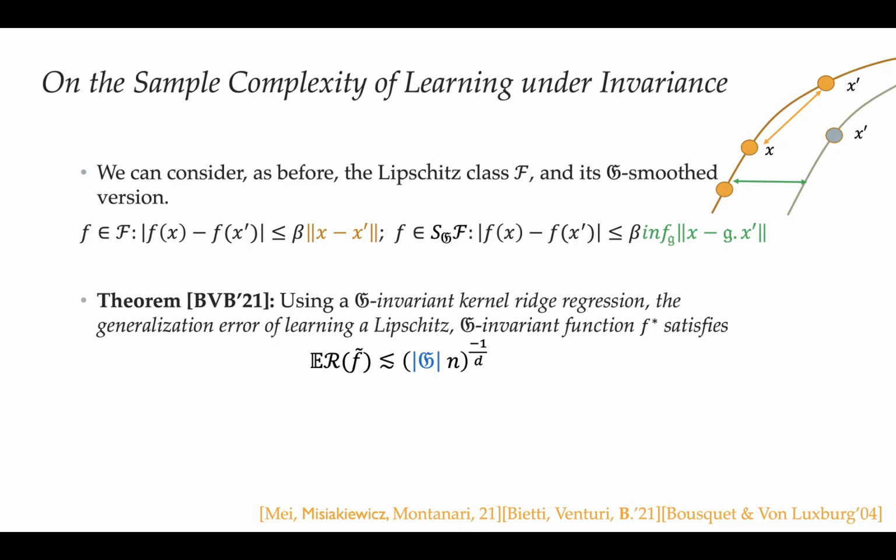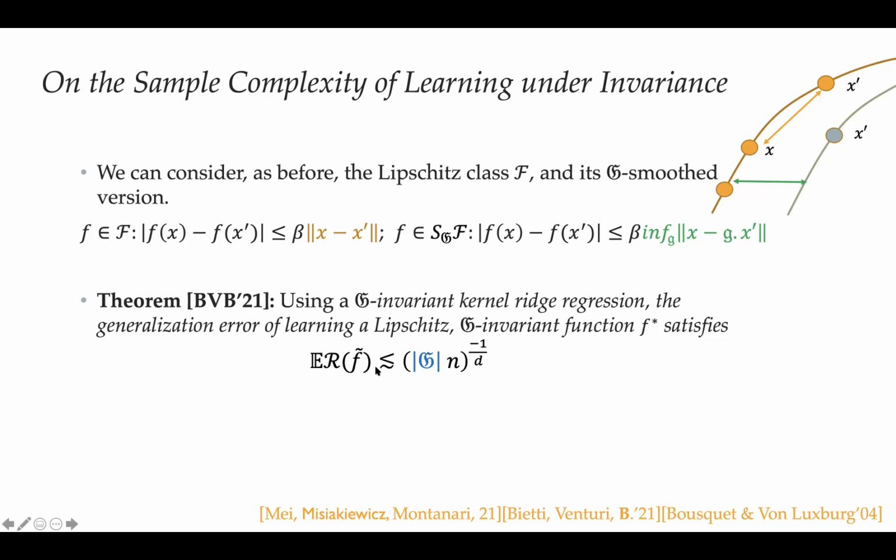The main result that we have in this work is that in the context where one uses kernels to learn Lipschitz functions, by putting the knowledge about the group invariance into the kernel, we can actually have quantitative gains in sample complexity by the order of the size of the group.